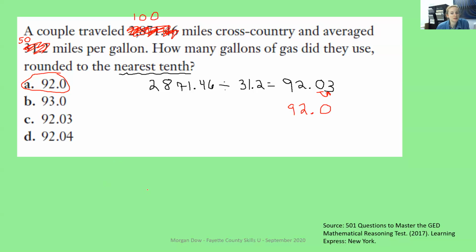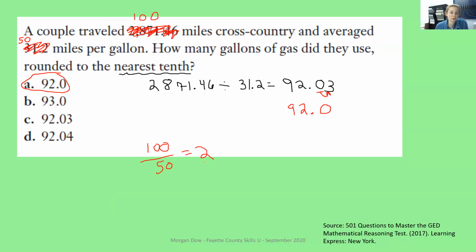How many gallons of gas did they use? They went 100 miles total, and 1 gallon can get them 50 miles. So how many gallons did they use? They used 2 gallons, right? So 1 gallon will get them 50, and then another gallon will get them up to 100. They used 2 gallons of gas. So what calculation did we do there? We did 100 miles divided by 50 miles per gallon gives us 2 gallons of gas.